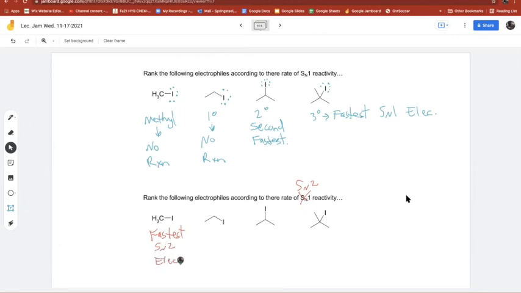Methyl's fastest, least steric hindrance, biggest cone of reactivity. Primary is second fastest. Secondary is third fastest, and the tertiary, no reaction. When I say no reaction, I mean no SN2. It can do SN1, but no SN2. Too much steric hindrance.